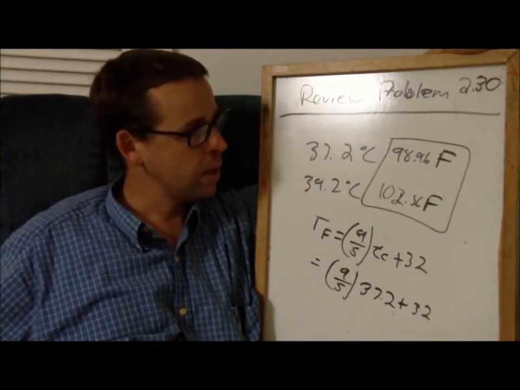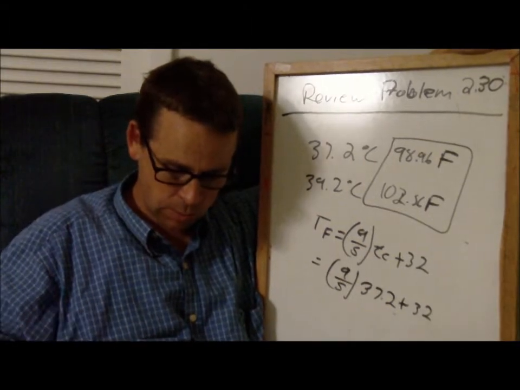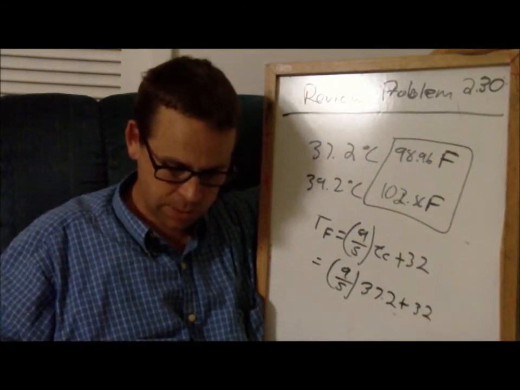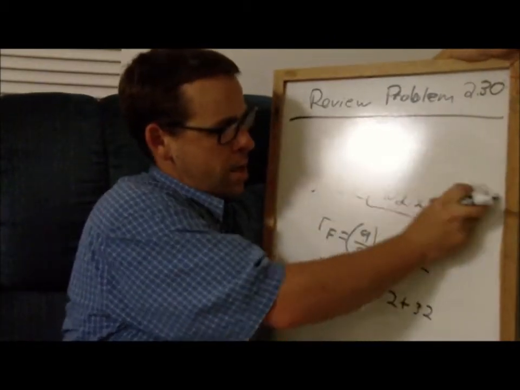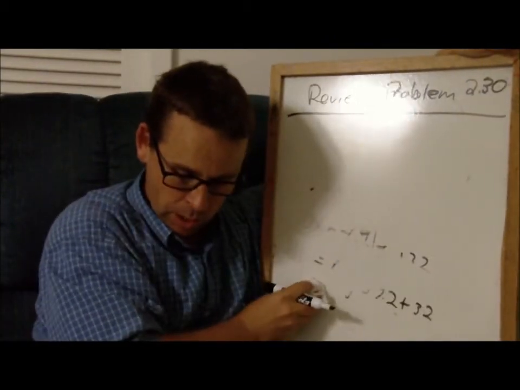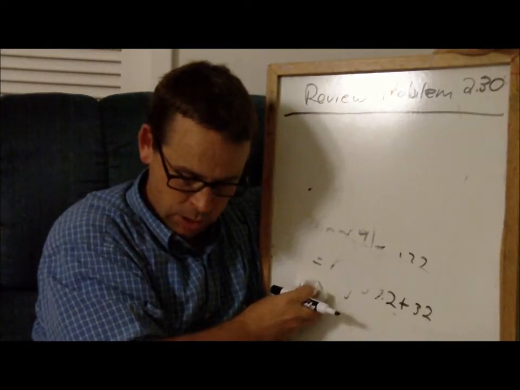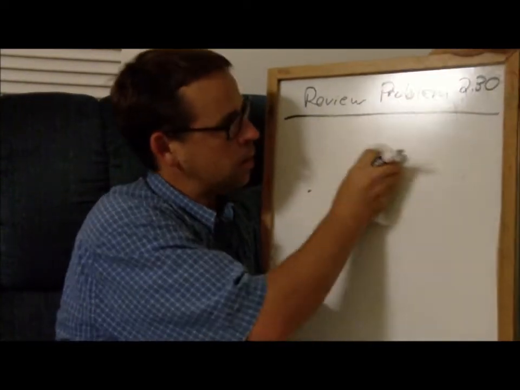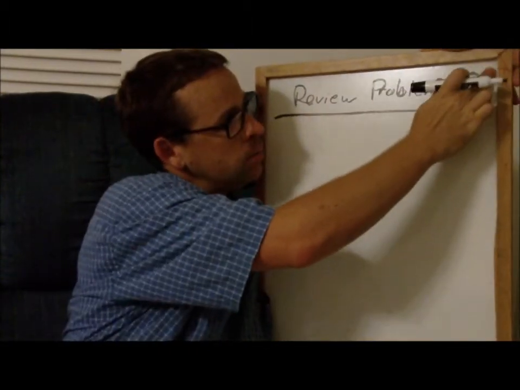232. Estimate the temperature of the core of the sun. Estimates of the temperature of the core of the sun range from 10 megakelvins to 25 megakelvins. What is this temperature range in Celsius and degrees Fahrenheit? All right, so we're on number 232 now.